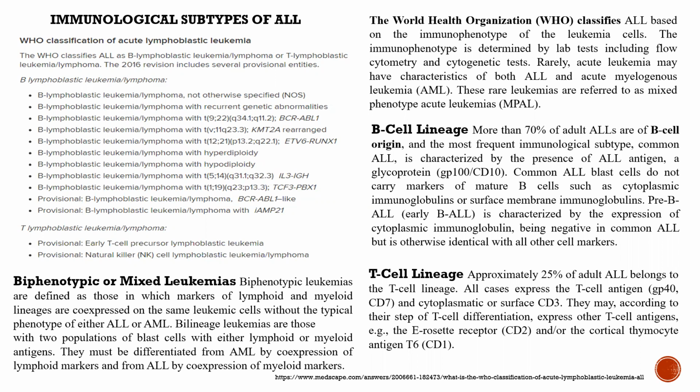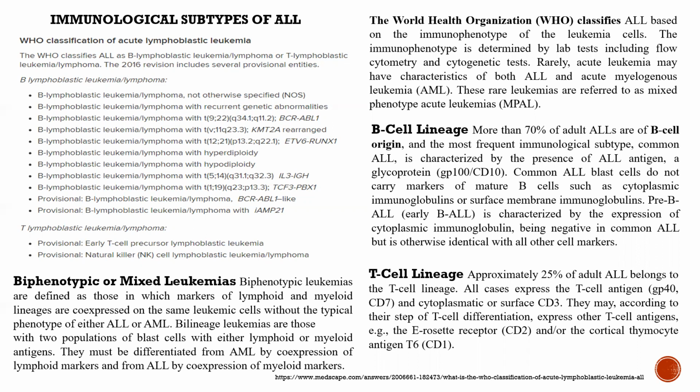B-cell lineage accounts for more than 70% of adult cases of acute lymphoid leukemia, and the most frequent immunoserological subtype, common acute lymphoid leukemia, is characterized by the presence of the ALL antigen, a glycoprotein. Common blast cells do not carry markers of mature B cells, such as cytoplasmic immunoglobulins or surface membrane immunoglobulins.